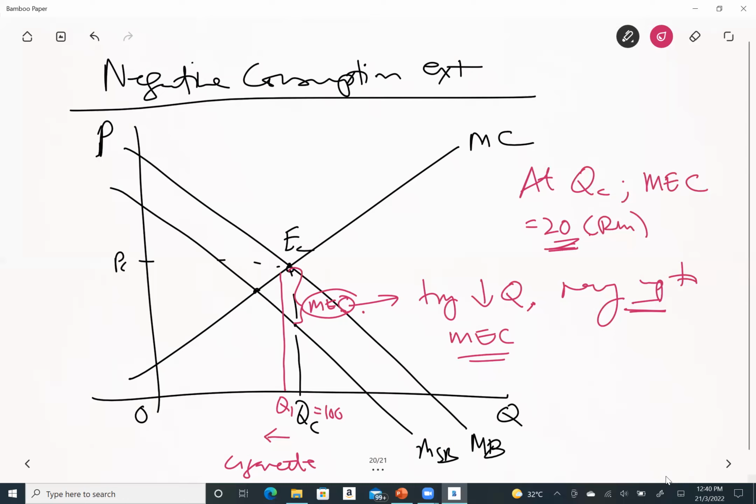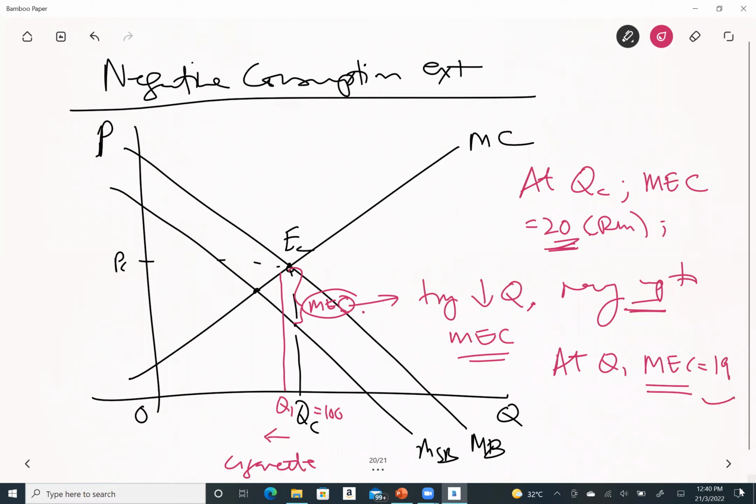So your marginal external cost will be reduced. Let's say at Q1, MEC now is equal to 19. So what happened? I still incur MEC. So how much are you willing to pay him in order for him to reduce by one more unit of cigarette? 19.